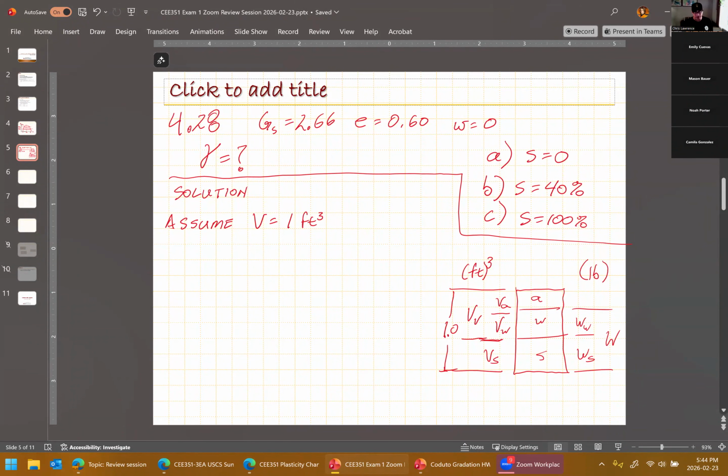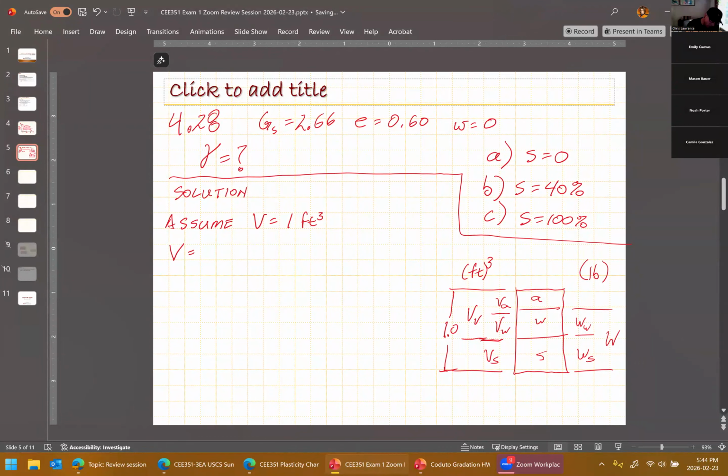GS, and initially S equals 0 and W equals 0, well, that means solids only. There is no water. Okay? So initially, 0 water. But I'll skip that for now. Here's what I'm going to do first. You may have memorized one of these little ones that I did because it's very, very helpful. I emphasized it a few times.